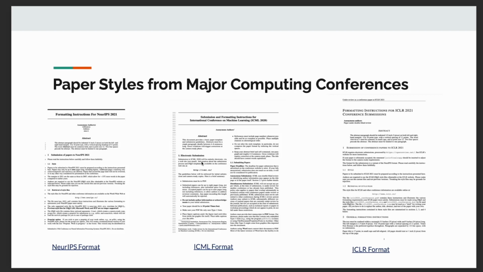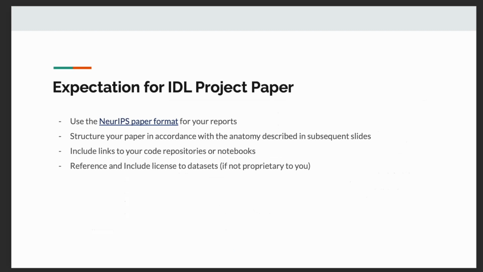The NeurIPS is a single column format. The ICML is a 2 column format, and the ICLR is also kind of similar to the NeurIPS format. But for this course and the course project, we ask you to stick to the NeurIPS format.